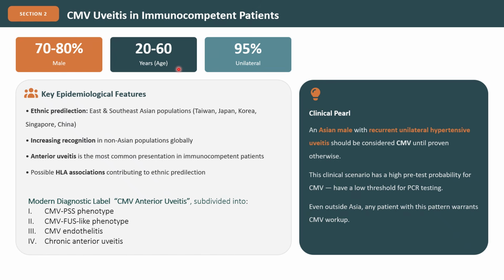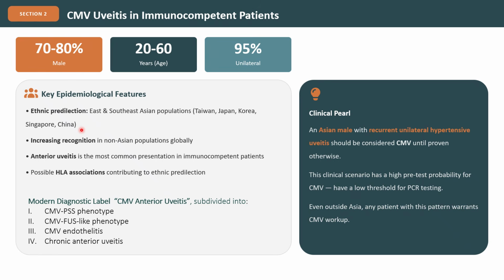So it has a large range of affection, and it has been found that it is very common, especially in the eastern part of the world: Taiwan, Japan, Korea, Singapore, China. The seropositivity is very high there. And when we say seropositivity, this doesn't mean ocular inflammation, because a seropositive immunoglobulin level in the blood does not necessarily indicate active eye inflammation.